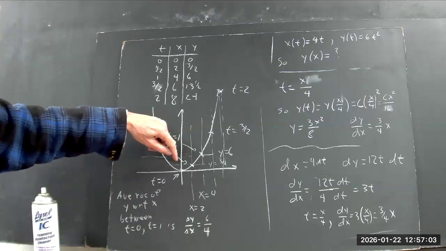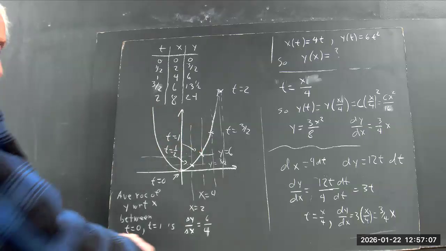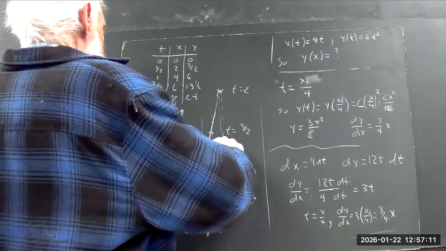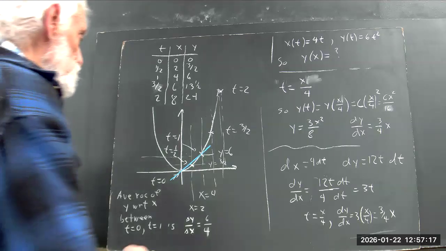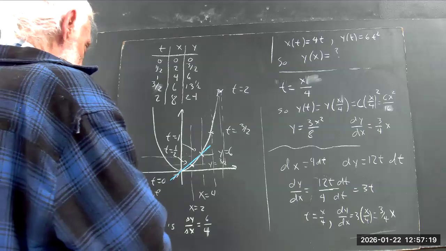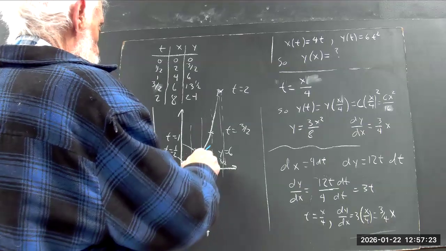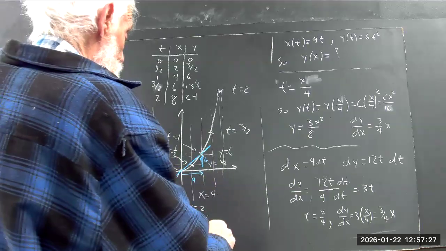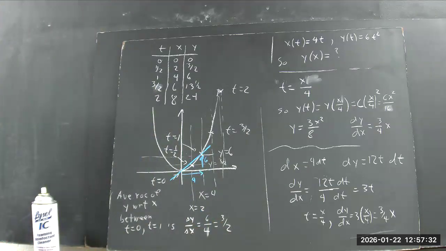Okay. So from here to here, your average rate of change, of course, is the slope of this secant line here. And it's 4 units this way, 6 units this way. That's 3 halves.